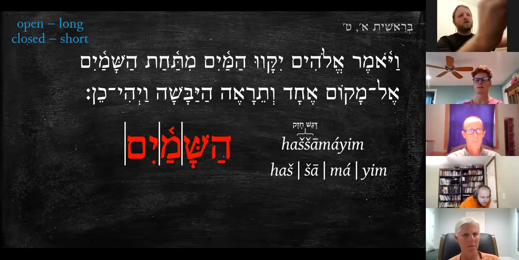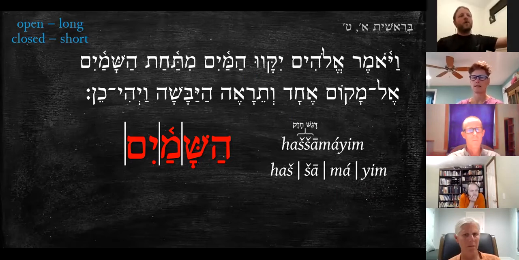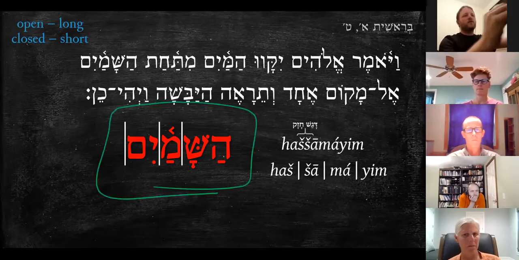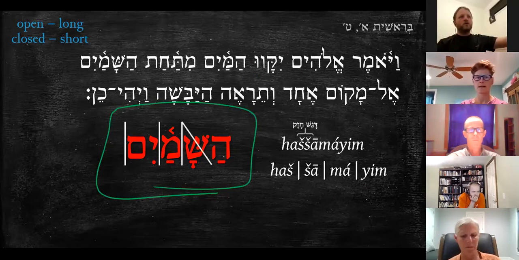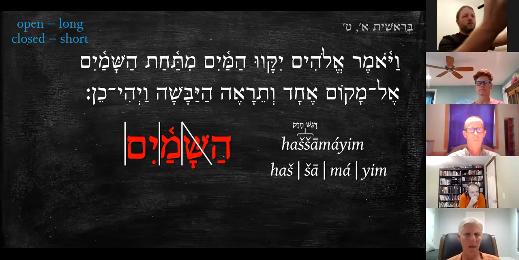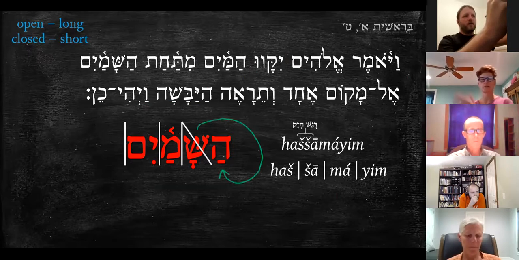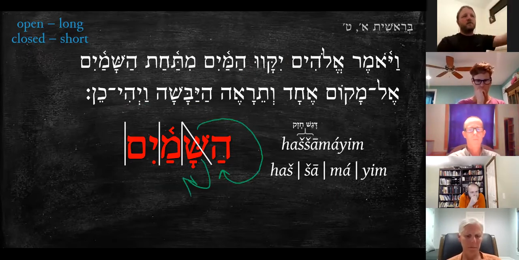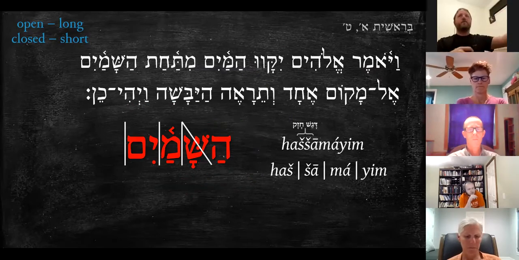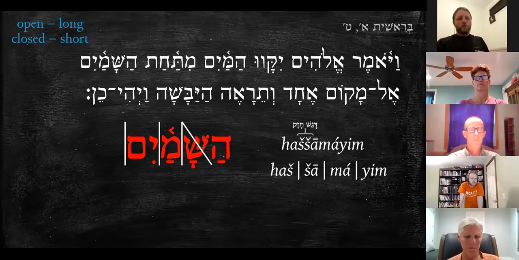The way that we mark it on the Hebrew word itself, if we want to put lines to show where it is, we just draw a half line through the letter. That represents that half of the letter, the first part, is closing this syllable, and the second half is opening the next. That's a method for marking it, if you're drawing the lines on where to break the word.